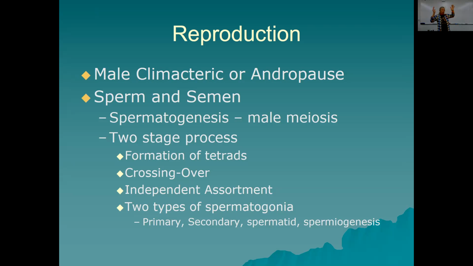So they don't make new oogonia, but men make more spermatogonia. And we don't have to go through the difference between primary and secondary. Spermatocytes become spermatids in what's called spermiogenesis, which is the last part of making sperm.